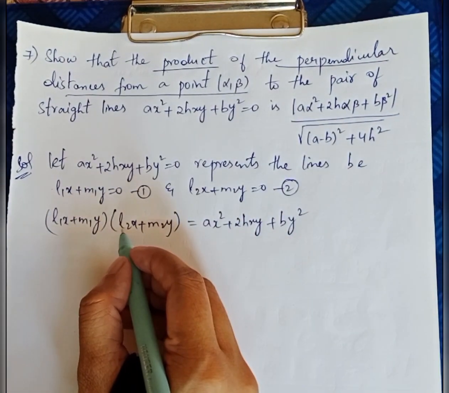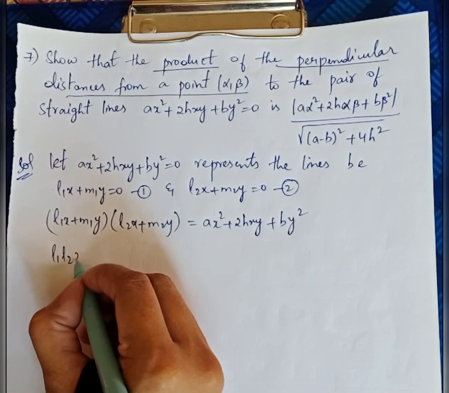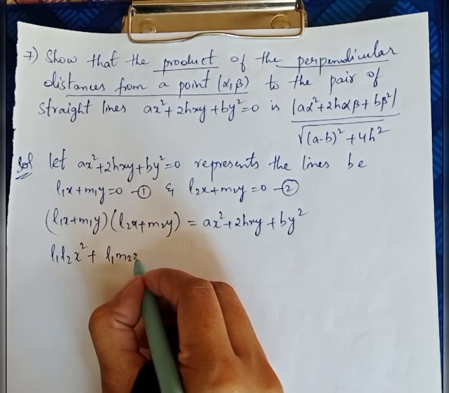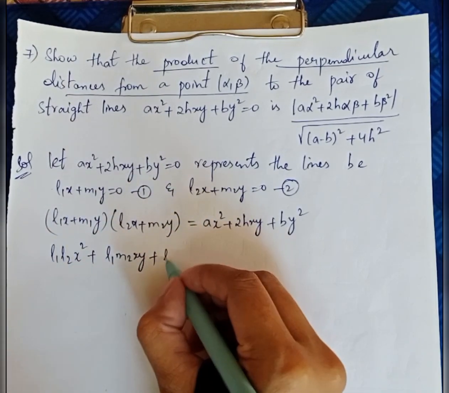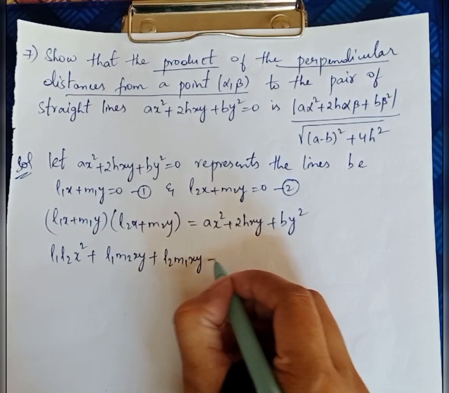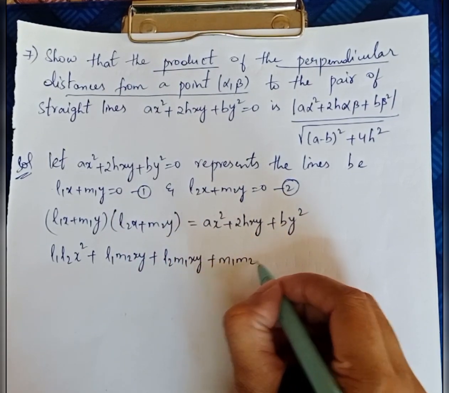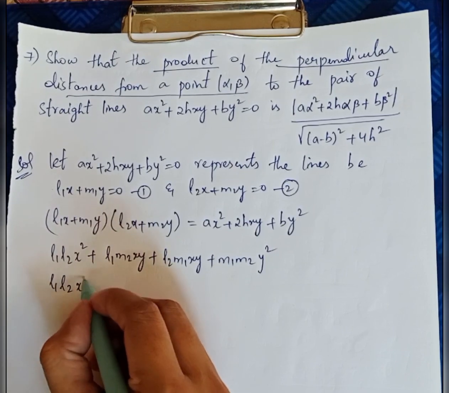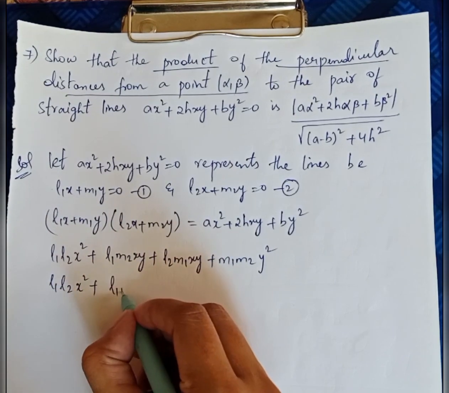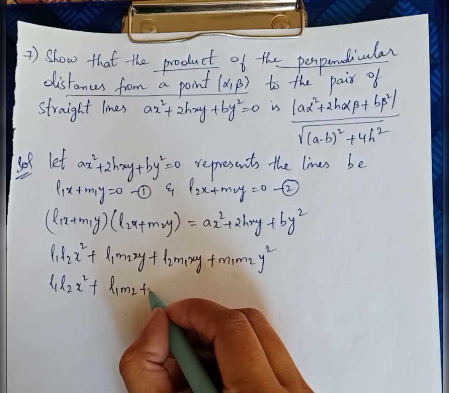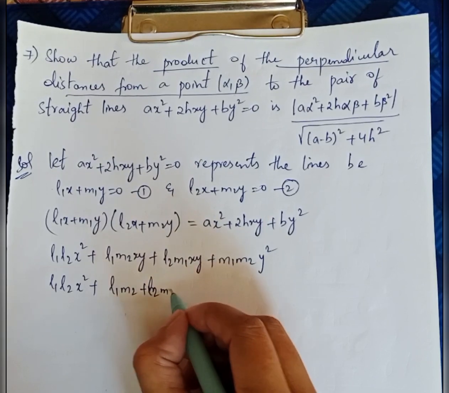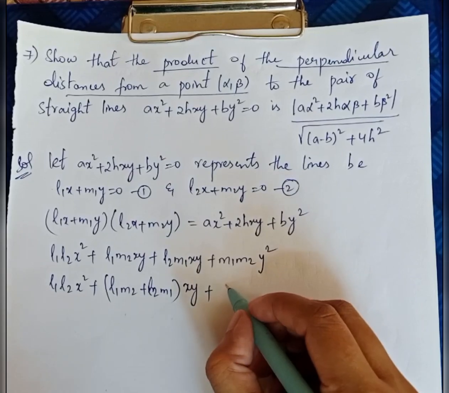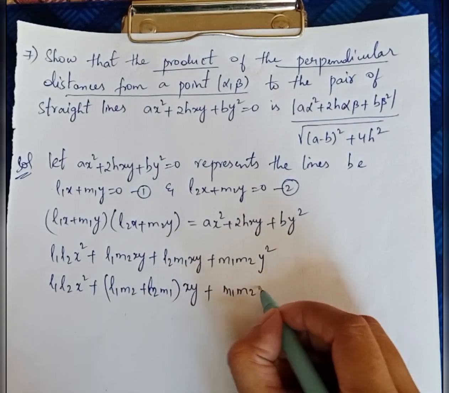So L1 L2 x² + L1 M2 xy + L2 M1 xy + M1 M2 y². Taking xy common, it is L1 L2 x² + (L1 M2 + L2 M1) xy + M1 M2 y².